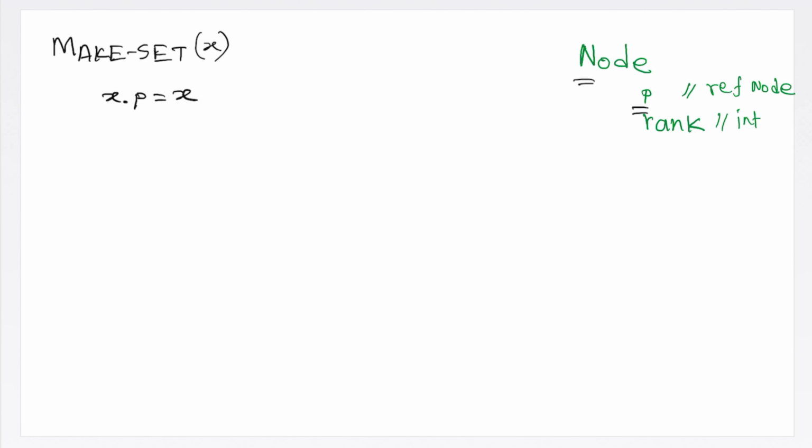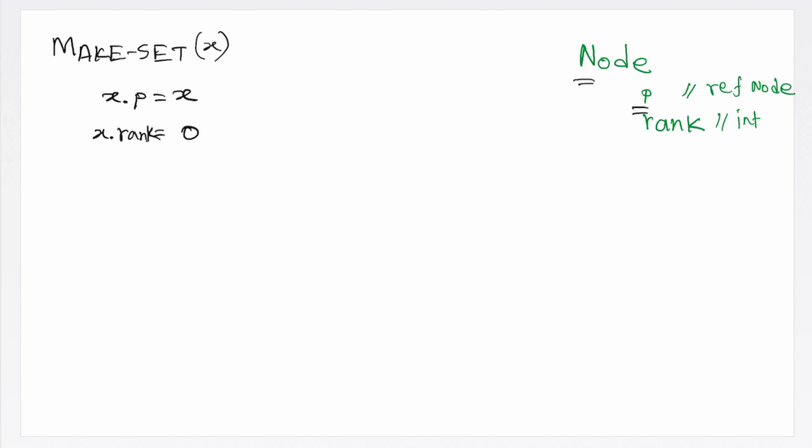Another item is whenever we create the tree, there is only one node. Therefore, the height of this tree is 0. So we will set this height as the rank of this tree. Therefore, x.rank will be 0. And this is our makeSet function.